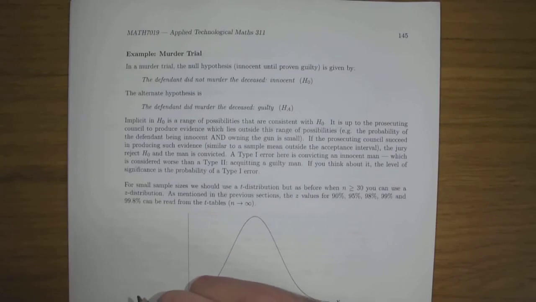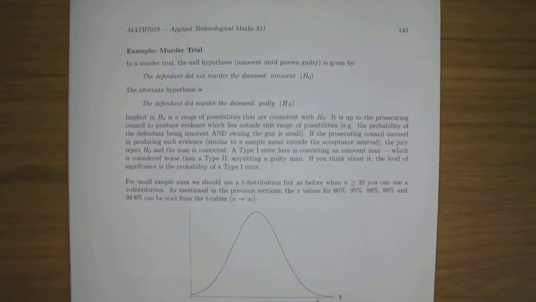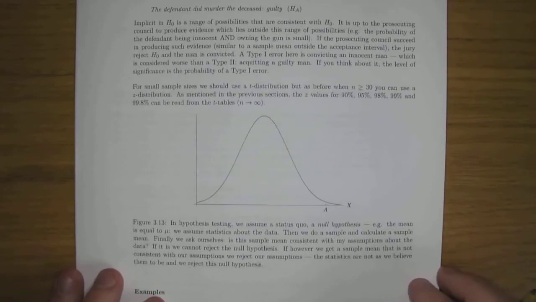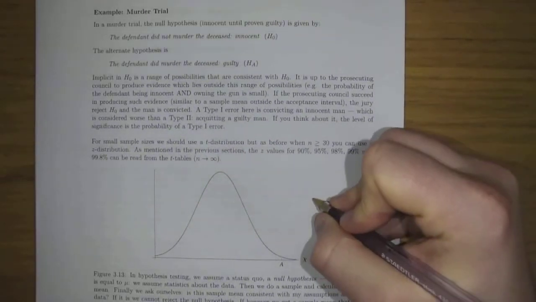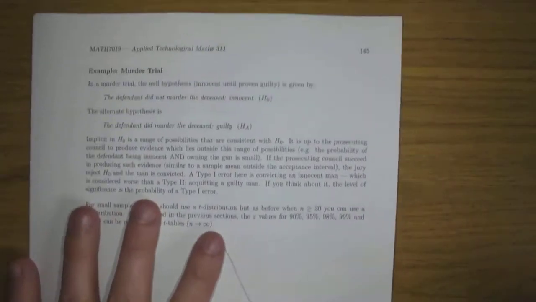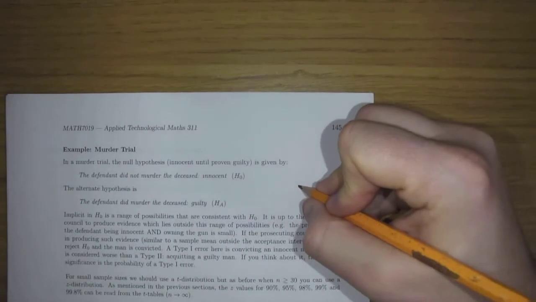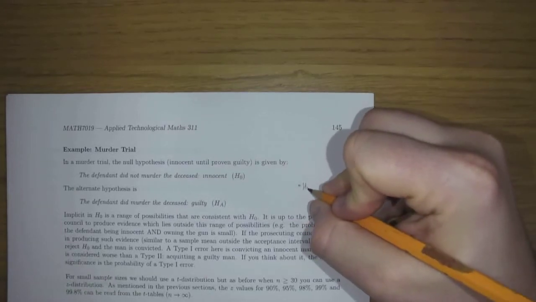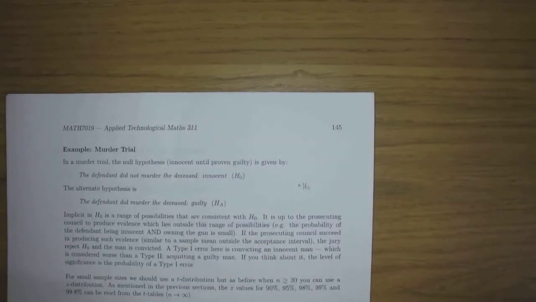It's kind of a funny picture to draw, just a schematic picture up here. So say here is the person being innocent. So this is H0. Now there's lots of things that are consistent with a person being innocent.